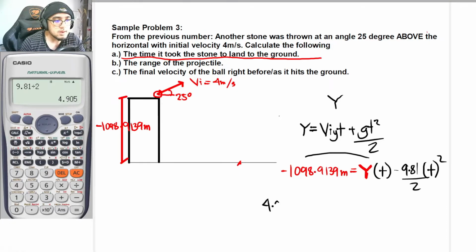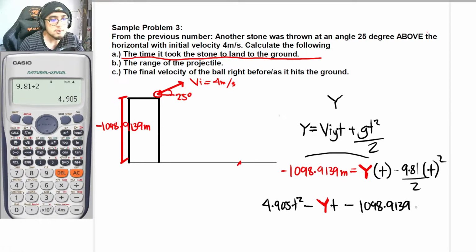So 4.905 t squared, this is now positive, minus yt, minus 1098.9139 meters. So this is now equal to 0.